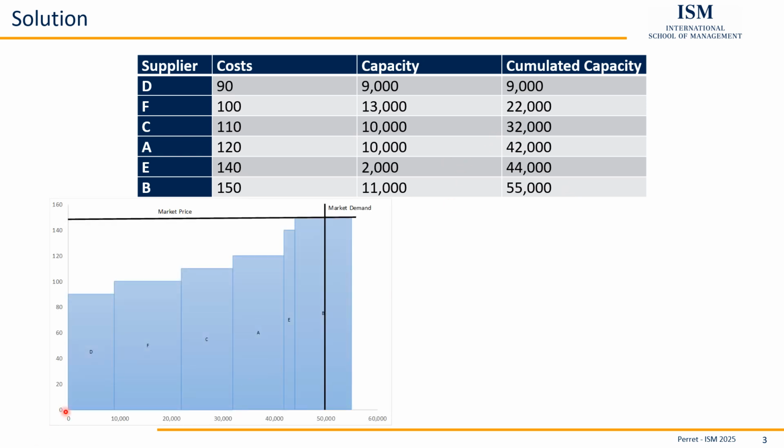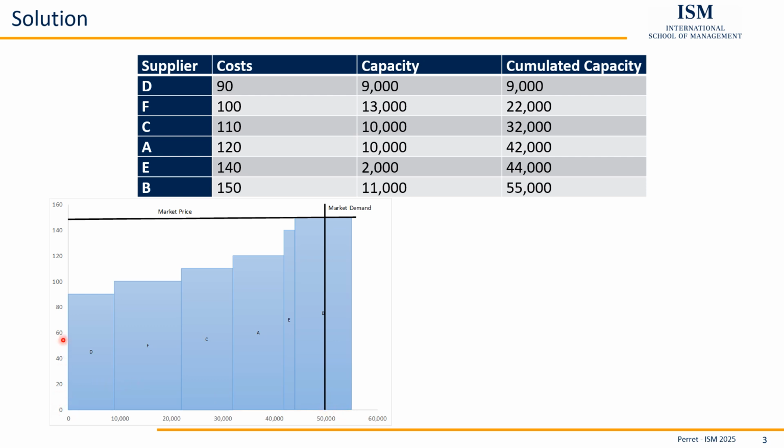And I start down here at 0, 0. And on the x-axis, I'm going to note my cumulated capacities, and on the y-axis, the costs. So I start at 0, then I go to 9,000, 22,000, 32,000, 42, 44,000, 55,000.